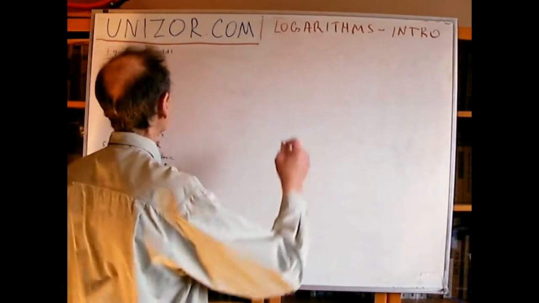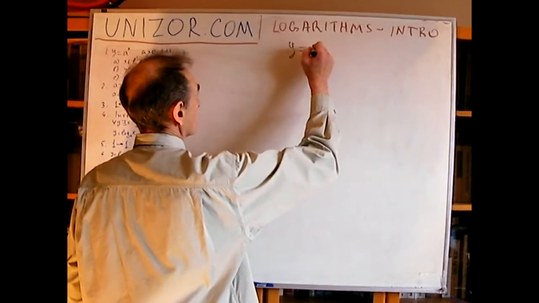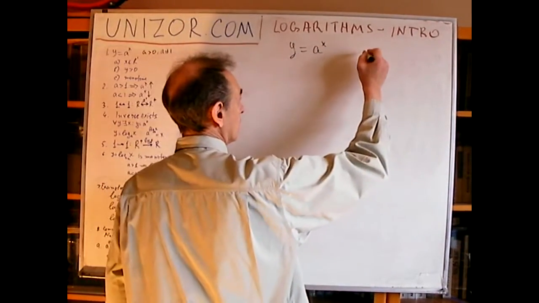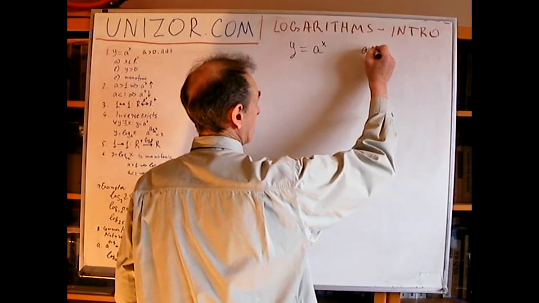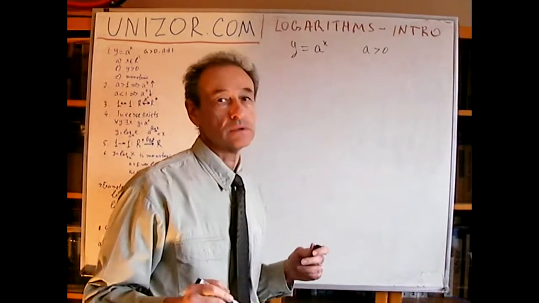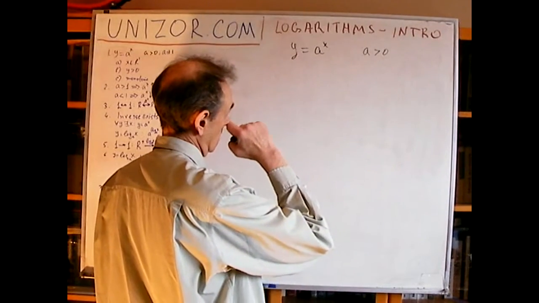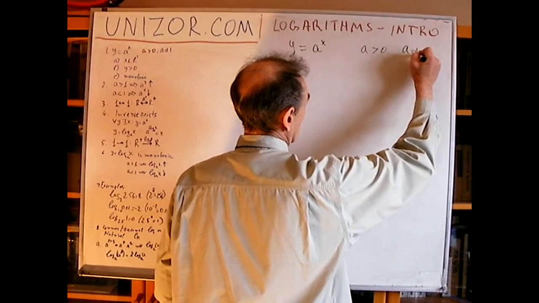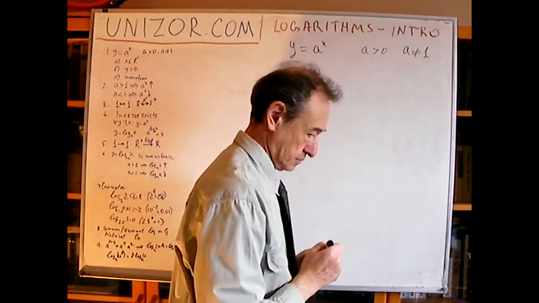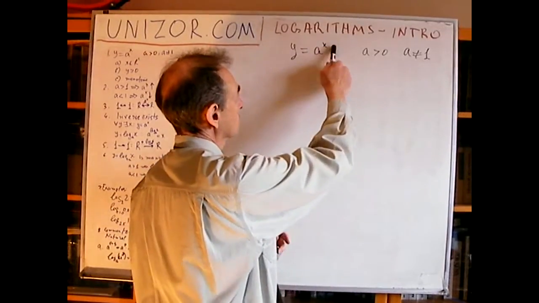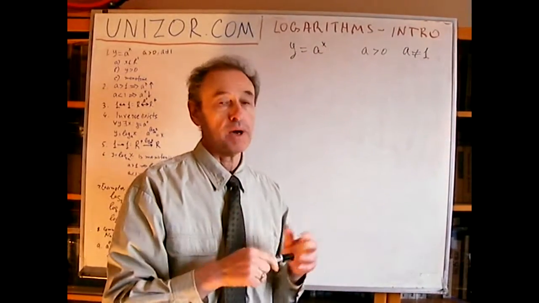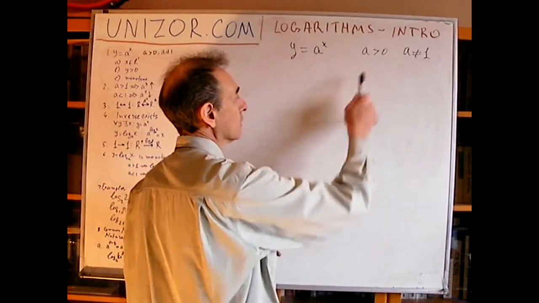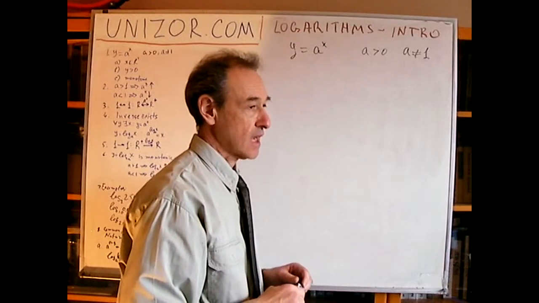Number one is the function y = a^x, which is defined for positive a not equal to 1, because 1 to the power of any power will result in 1, so it's not really an interesting function. So we are talking about a function of this type.